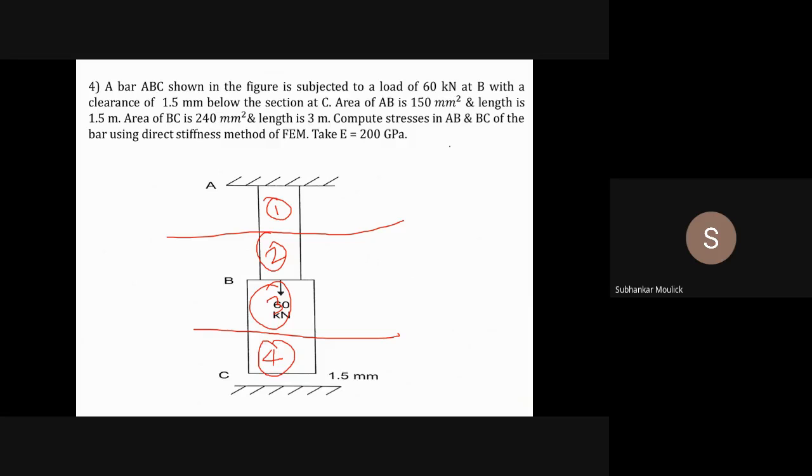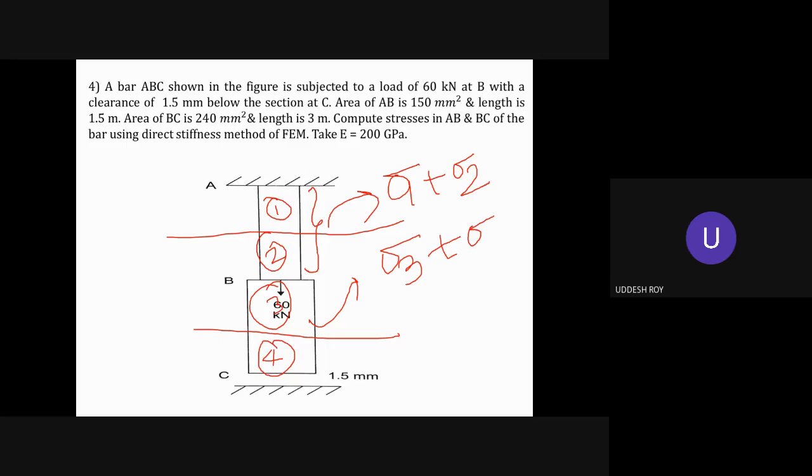So the total stress present in AB is how much? Stress in element number 1 plus stress in element number 2. The total stress present in bar BC is how much? Stress in element number 3 and stress in element number 4. This will be the final answer.